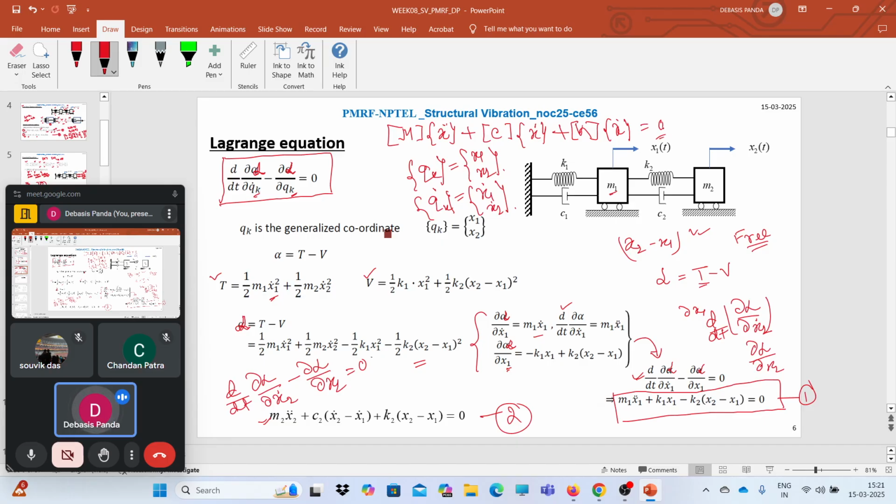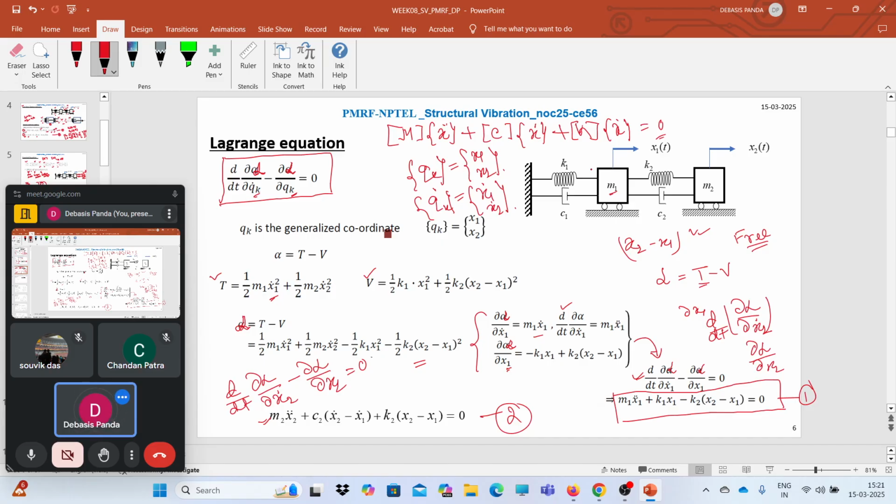So that means we can use the Lagrange equation to develop the equation of motion for a multi-degree of freedom system. We have two approaches, and we have already seen that both lead to the same conclusion. These are the procedures to formulate the equations for multi-degree of freedom systems.